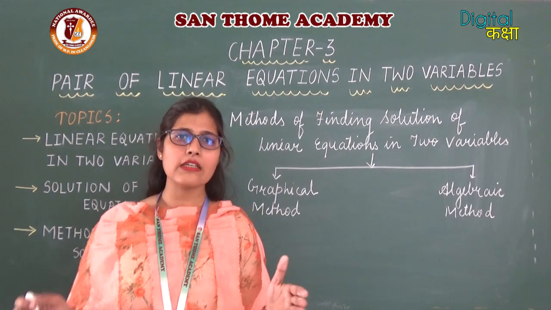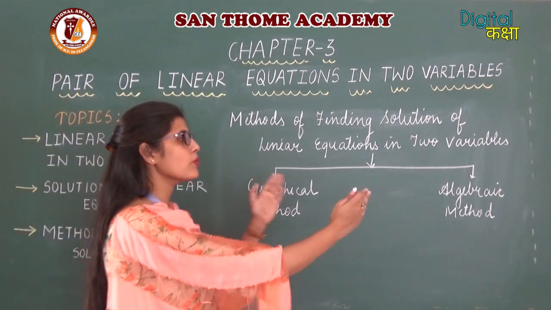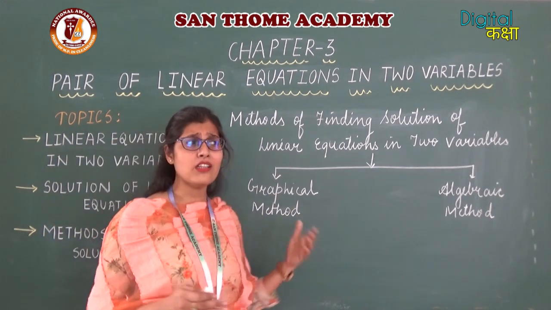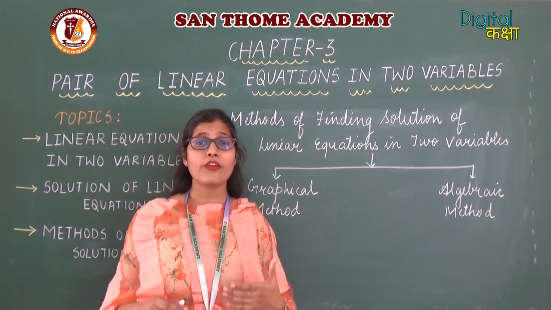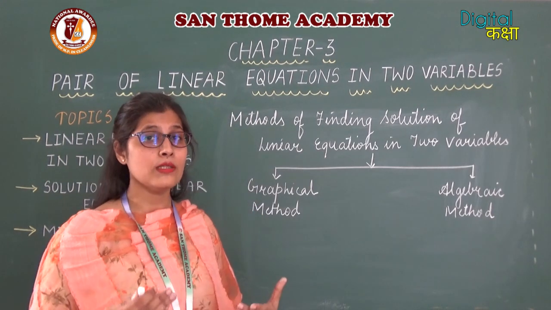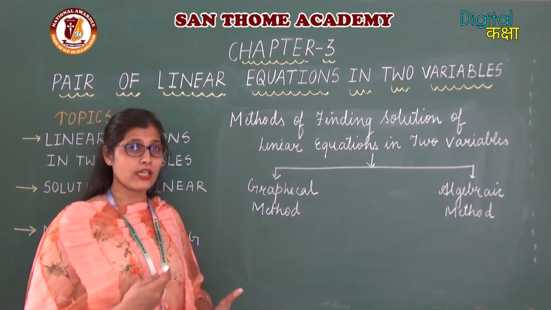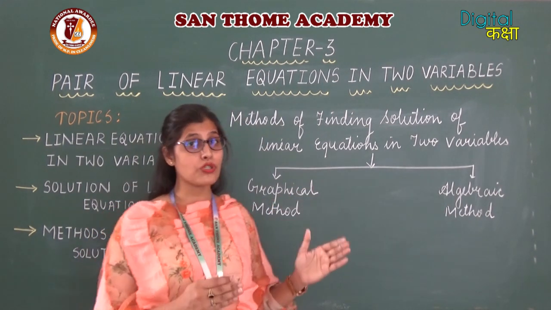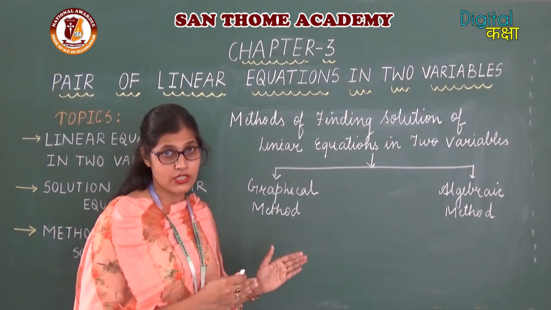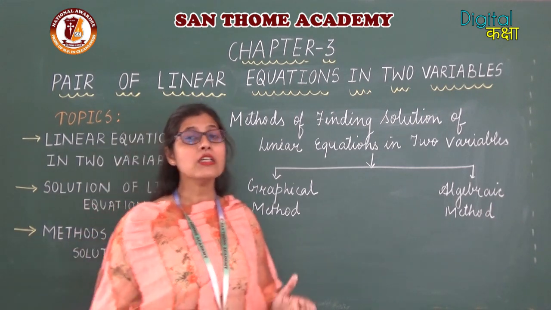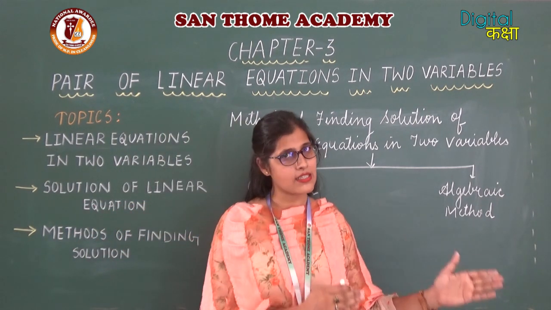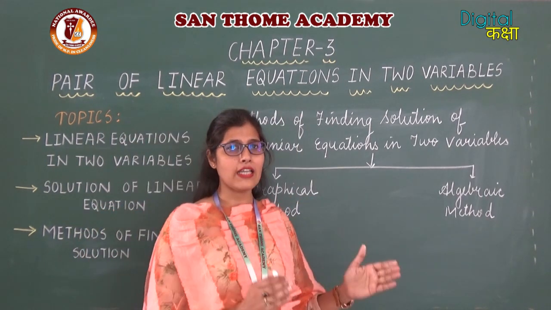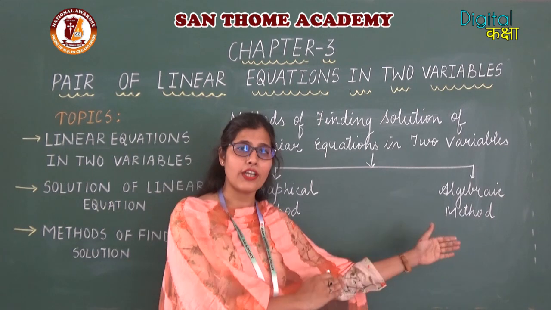The whole chapter has been divided into these two methods, but before starting with the graphical or algebraic method, we have one more method by which, without solving it algebraically, you can check whether the given pair of equations will be consistent or inconsistent. That method is called comparing the ratios.